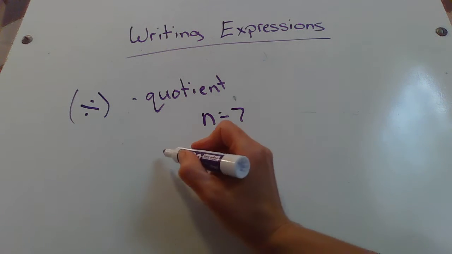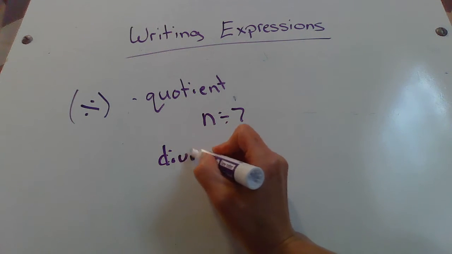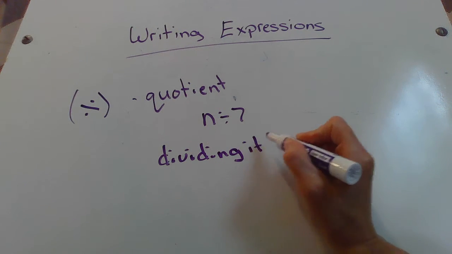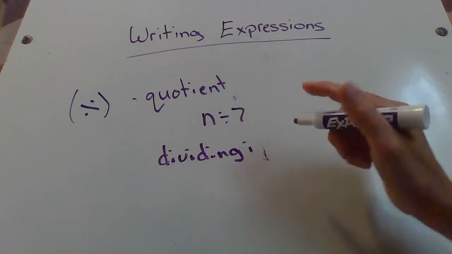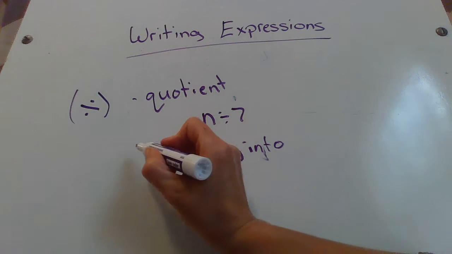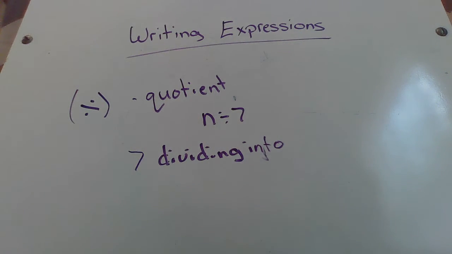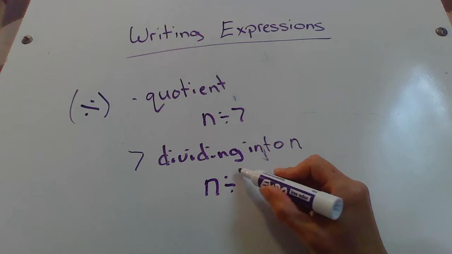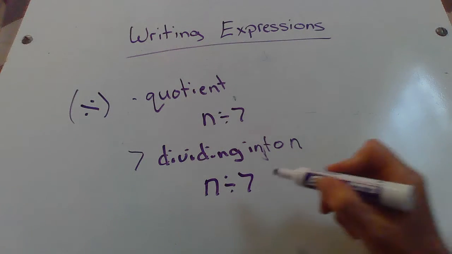Divide it into, if you're dividing something into pieces, so let's say I have 7 divided into n. That means I'm going to write n, and I'm going to divide it by 7.